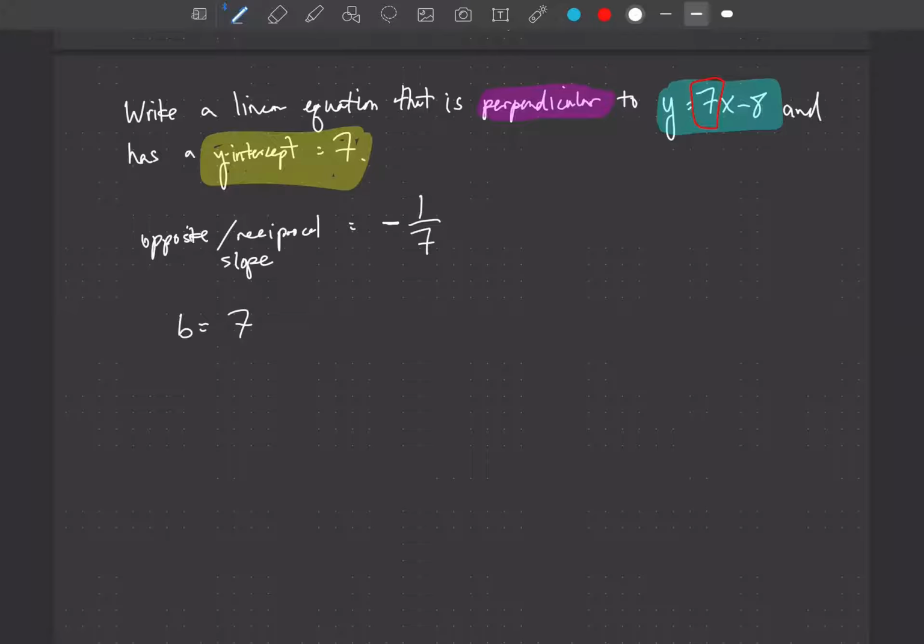We're going to start at the y equals mx plus b equation, and we're going to plug everything we have in. So I have my new slope that I want to use, which is negative 1 over 7. I'm going to plug it into m for my new slope, and my new y-intercept, which is 7.